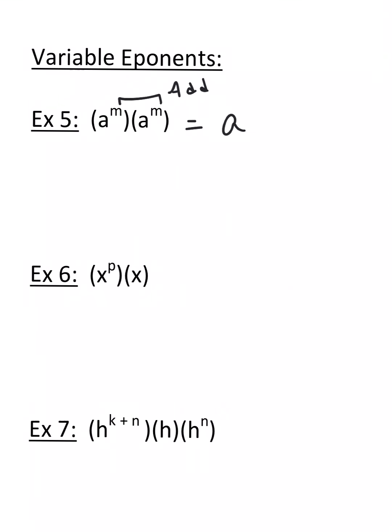So we would have a to the 2m. Okay, and then if I have example 6, x to the p times x, think about, again, what you would do with exponents. You would add the exponents. There's an invisible 1 here, so I would have x to the p plus 1 power.